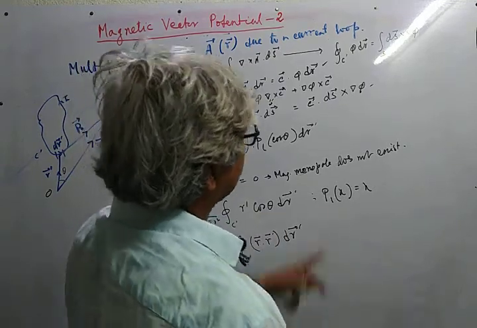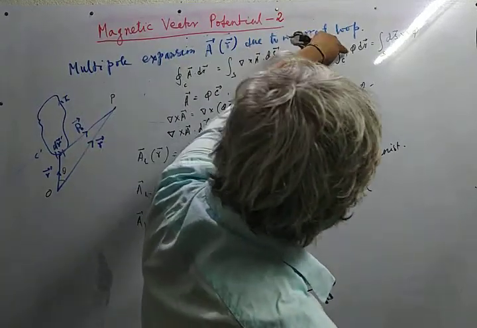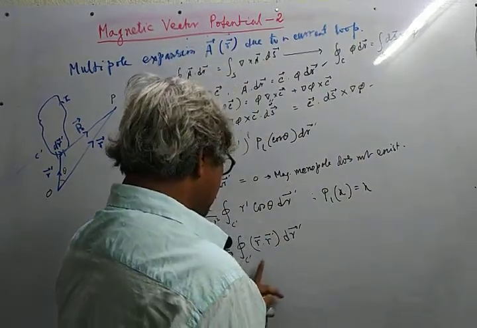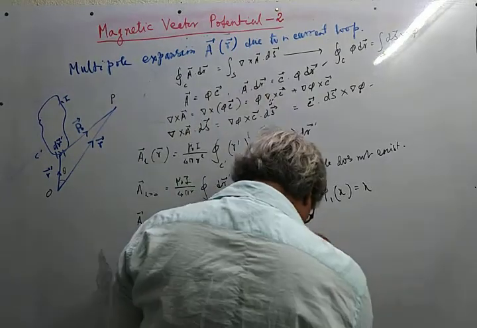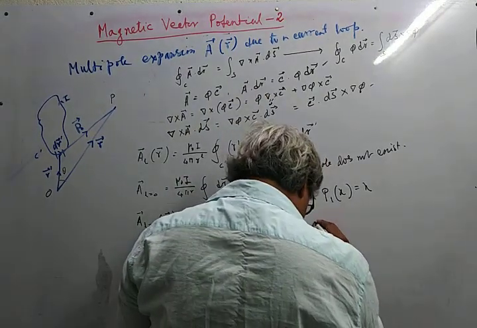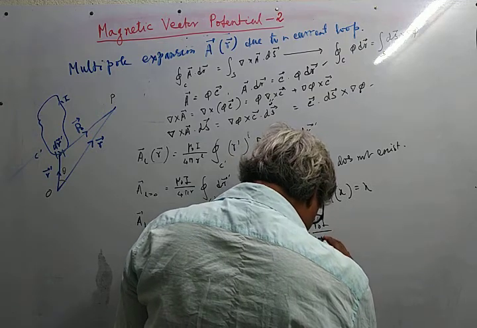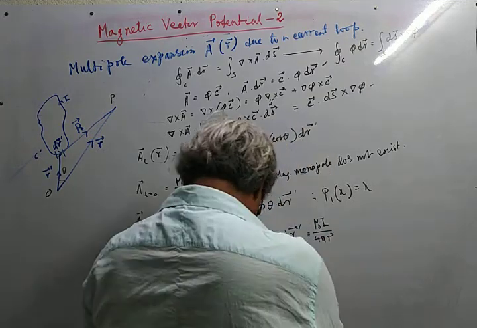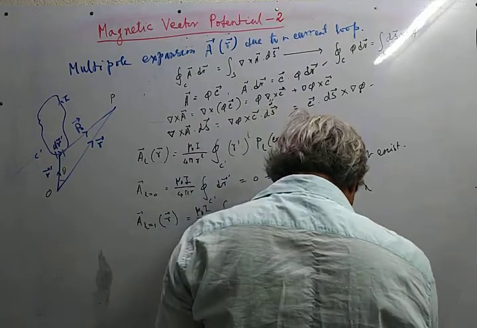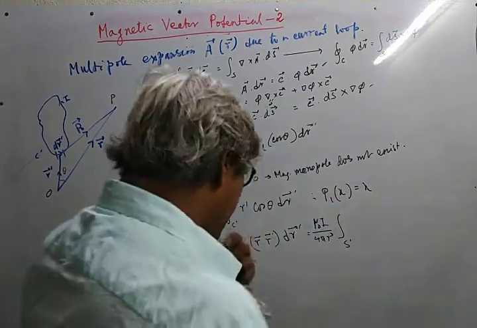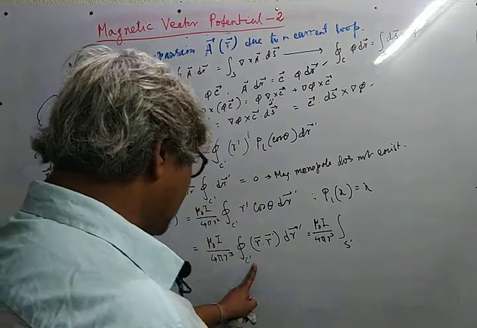But note that here we have used unprimed coordinates, whereas the relation is in terms of prime coordinates, so there will be some difference, and let me write it there. The integration is over ds prime, where ds prime is the surface bounded by the contour C prime.